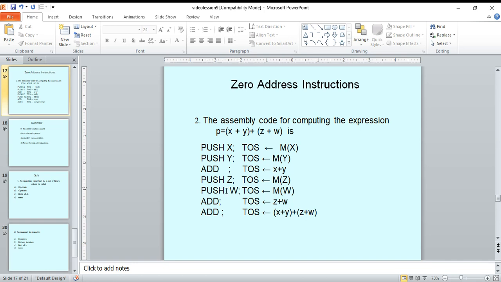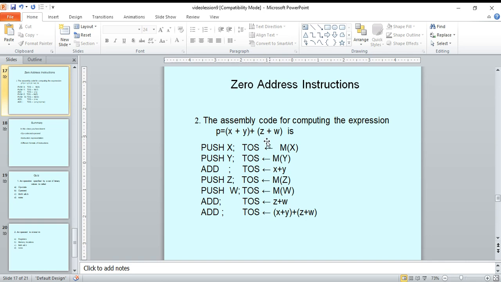And PUSH W, the data present in memory location W is also pushed into the stack. Once the data is in the stack, use the ADD instruction. This performs the addition of the top two items, which is Z plus W, and the result is placed once again in the TOS.